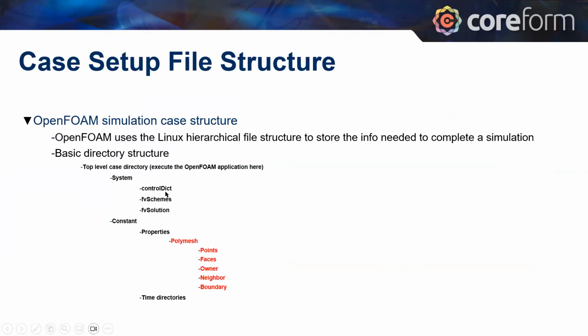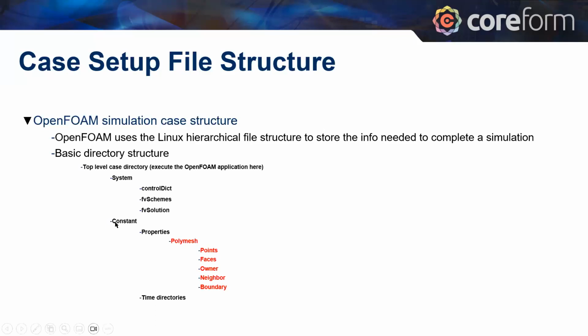And again, the control dictionary tells me how I'm going to solve that problem, my output IO for the problem, and all that. My finite volume schemes and my finite volume solution schemes. So the fvSchemes tell me how I want to treat my various terms in the differential equation. My fvSolution tells me how I'm going to solve the algebraic part of the equation set, how I'm going to solve the reduced algebraic solutions.